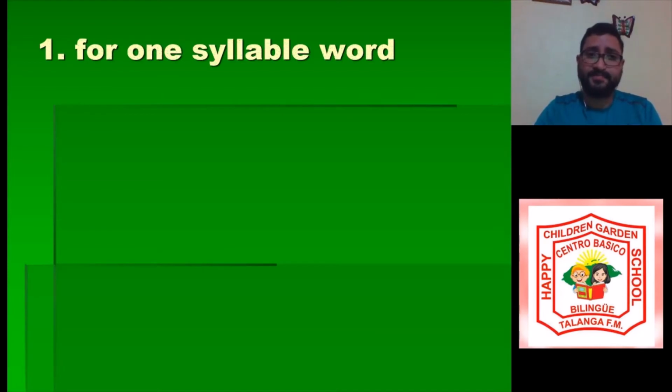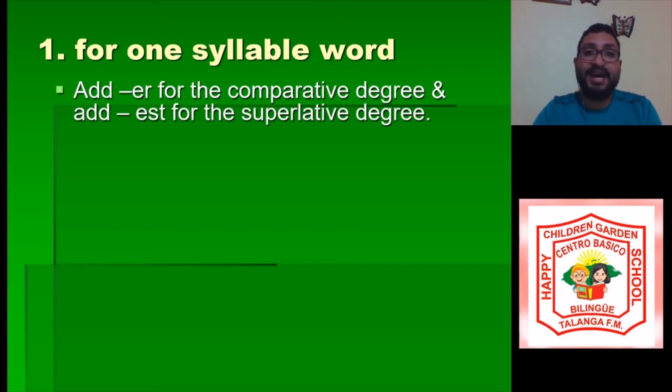Now, for one syllable words, this is when the words only have one vowel sound, and the word ends in a consonant, we're going to add "er" for the comparative degree and add "est" for the superlative degree.